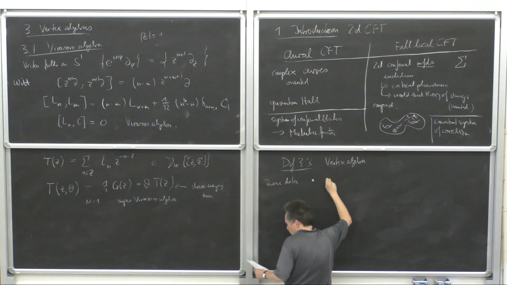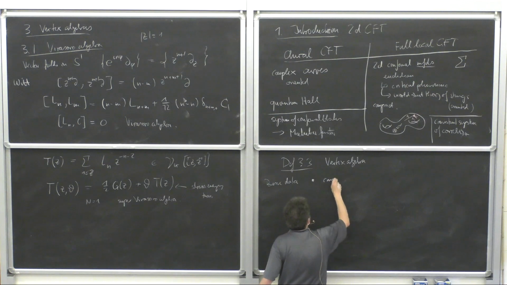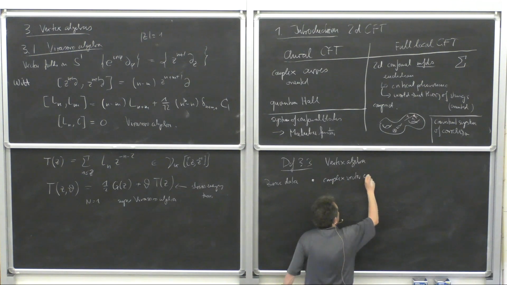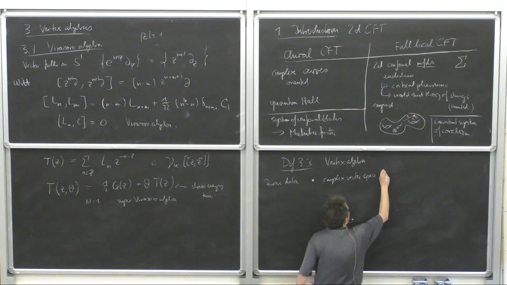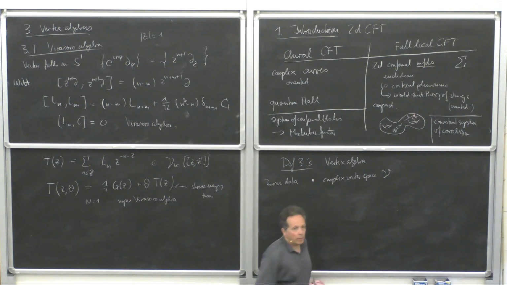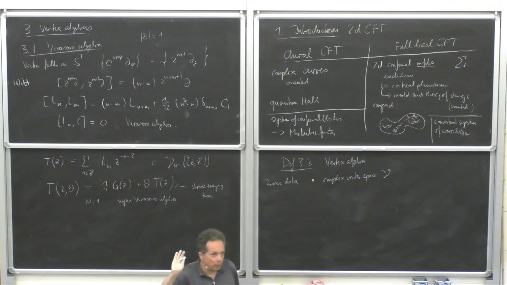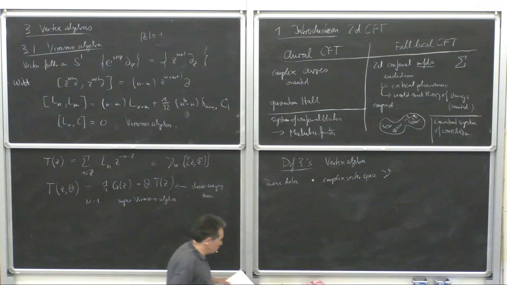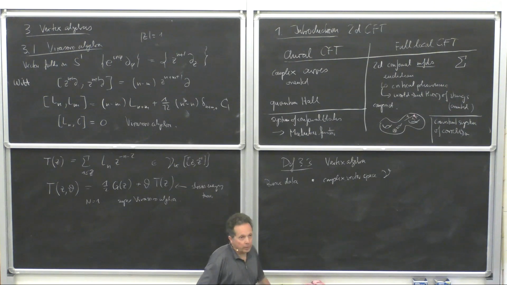So what I have here is some complex vector space. I'm not saying that the complex vector space should be graded. This is a graded Lie algebra. I'm not talking about a grading for the moment. It could be a complex supervector space if I want to talk about vertex algebras, but let me drop the super for the moment.